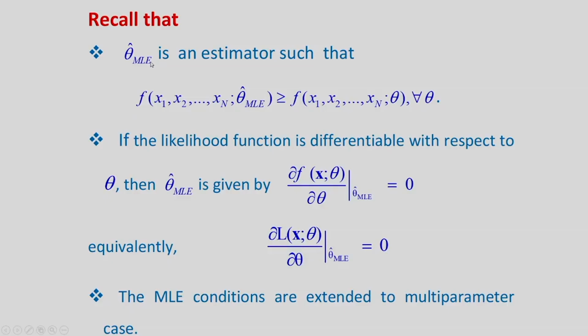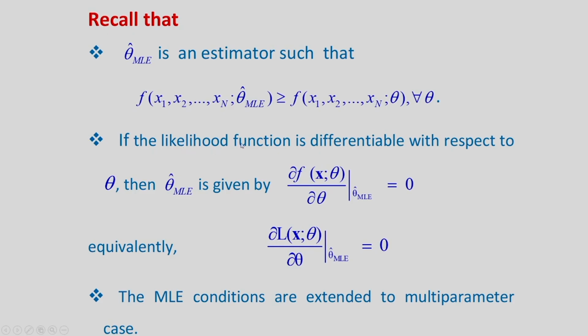Recall that theta hat MLE, the maximum likelihood estimator, is an estimator such that the density function we are considering, as a function of theta hat MLE, is greater than or equal to the density function as a function of any other theta. This is the basic definition.